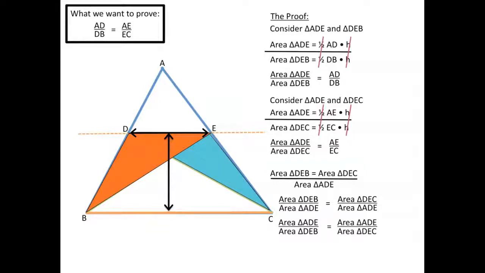And it might not make sense right now why I did this, but if you look closely, notice that this part of the equation is actually equal to something that we showed earlier. And so we know from earlier that the area of ADE over DEB is equal to AD over DB.